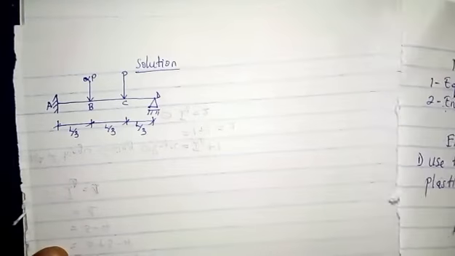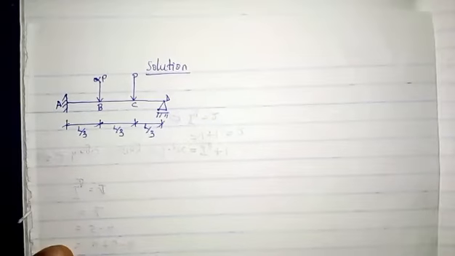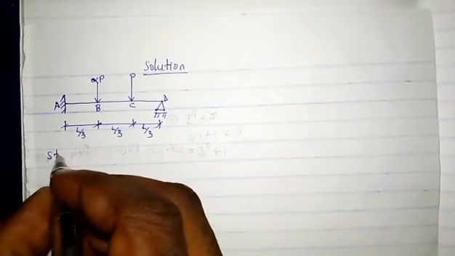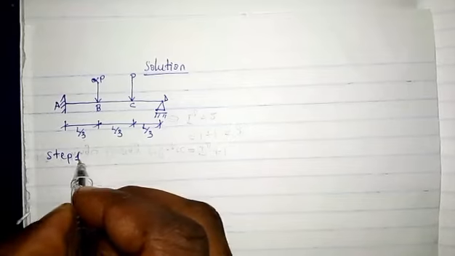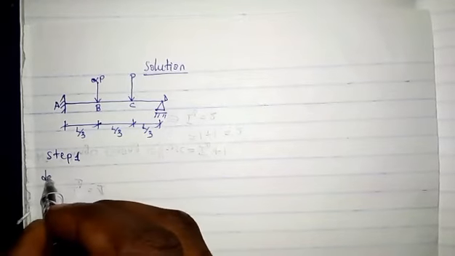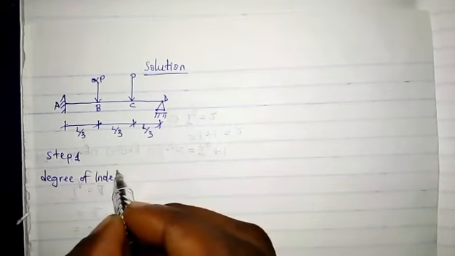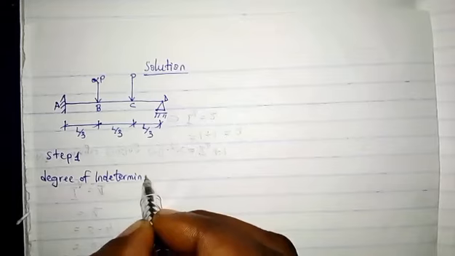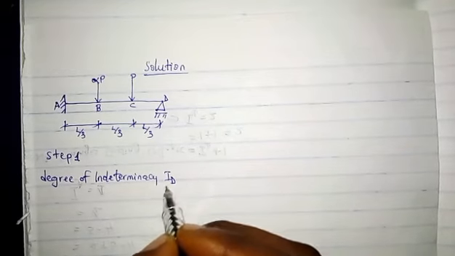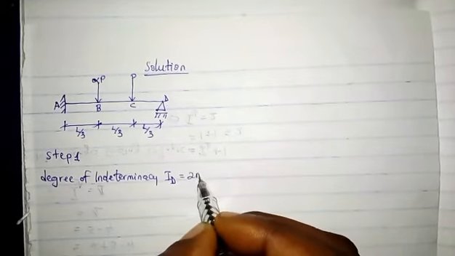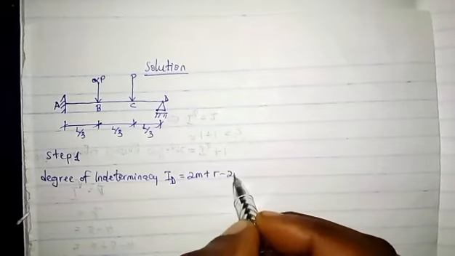Now, solution. We have this propped cantilever as we have seen. Step one is to get the degree of indeterminacy of the structure. The degree of indeterminacy, ID, is equal to 2m plus r minus 2n.